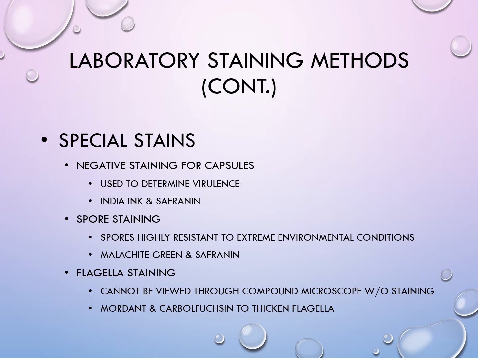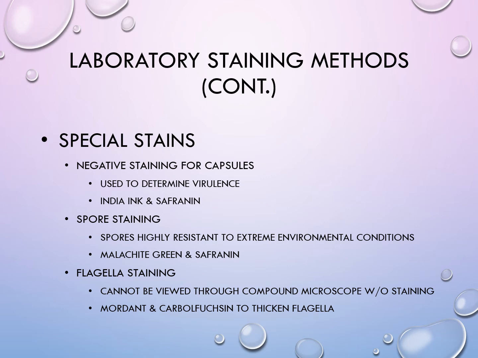So India ink and saffron is used, and it doesn't stick to the capsule, but it sticks to the background, stains the background. So then you have what's called a negative staining technique, where the stain is in the background, and then the colorless bacteria are highlighted because of that.